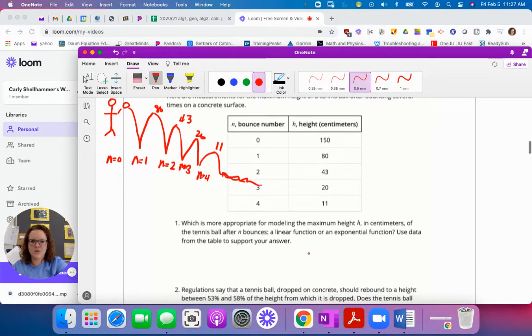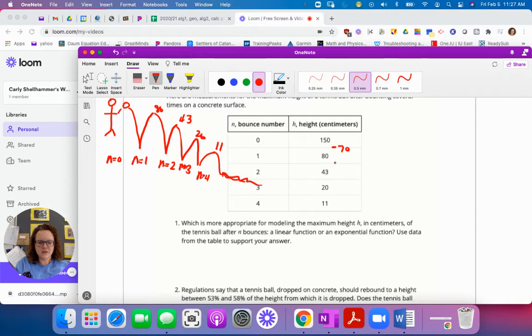Which is more appropriate for modeling the maximum height in centimeters of the tennis ball after n bounces? A linear function or an exponential function? Use data from the table to support your answer. If this were linear, the differences would be the same. If I subtracted these, all of the differences would be the same.